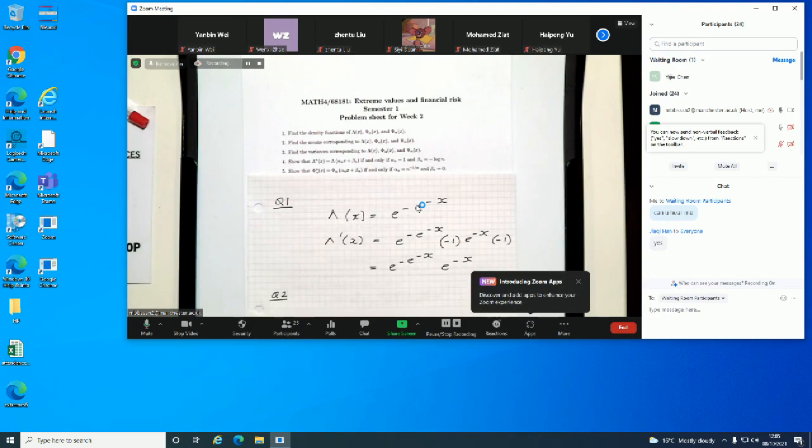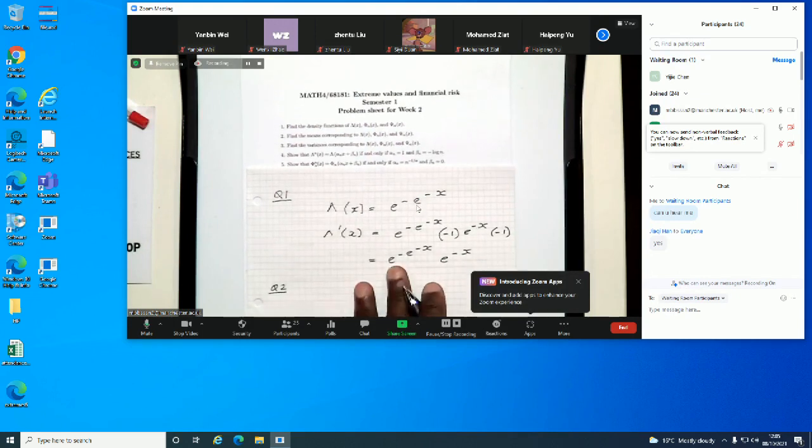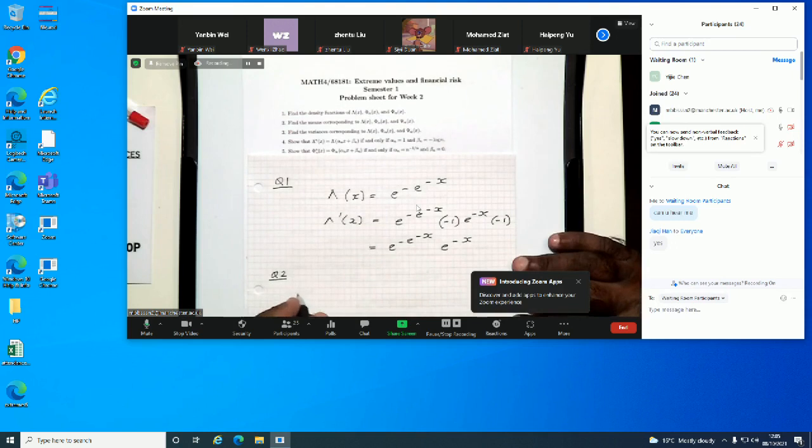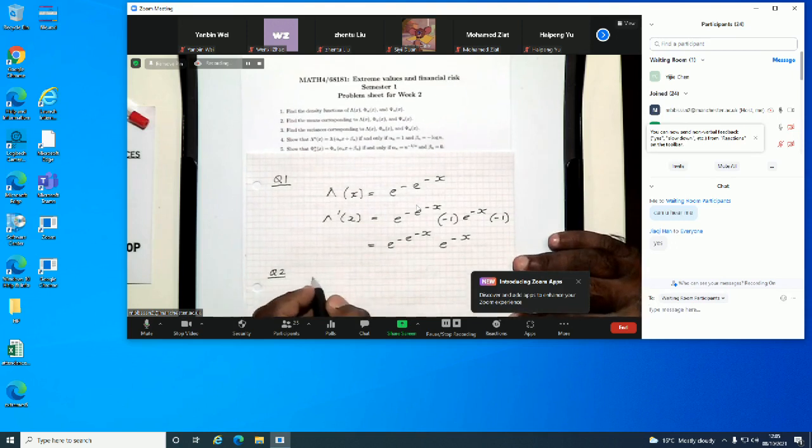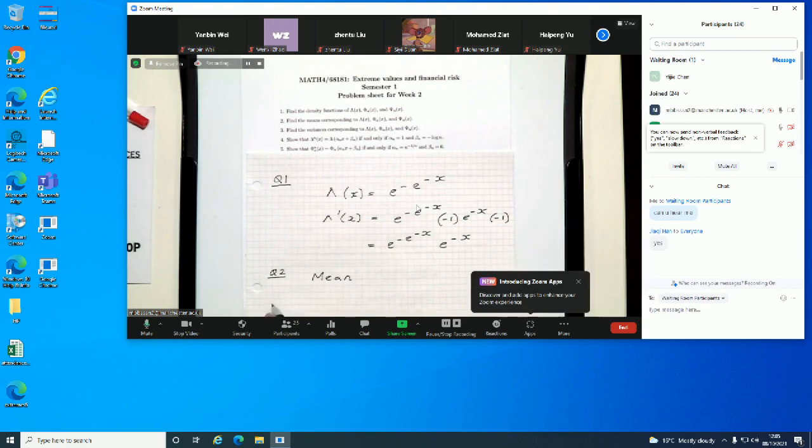All right, so this is the density of the Gumbel distribution, right? Now, let's do question 2. So we want to find the mean of the 3 different types. Starting with type 1, I will just do the thing for type 1.